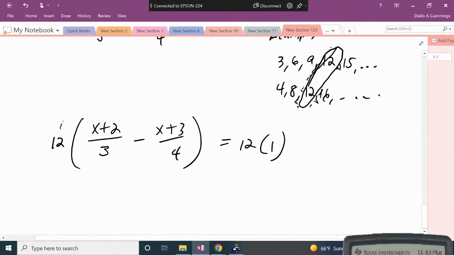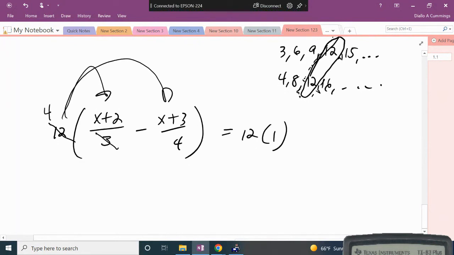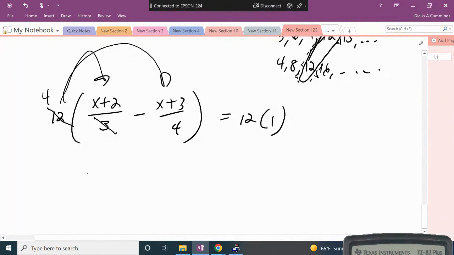Notice we have a set of parentheses, so we're going to distribute. When we distribute 12 by the first term on the left-hand side, 12 divided by 3 reduces to 4. So I want to distribute 4 with my first term. 4 times x is 4x, plus 4 times 2 is 8.